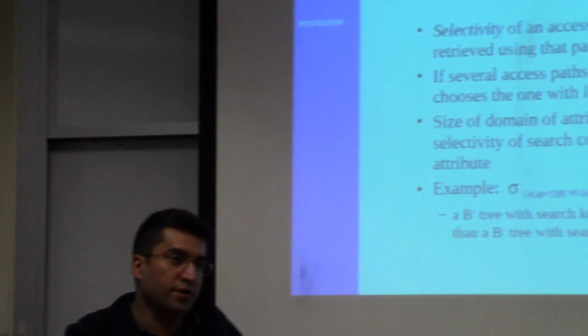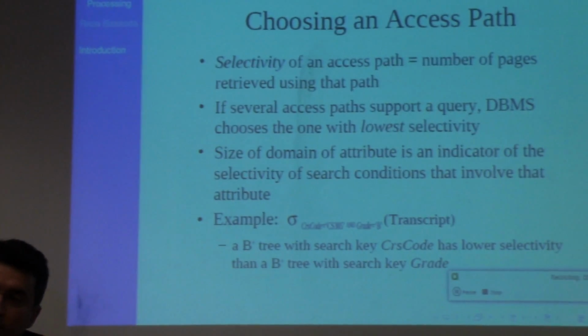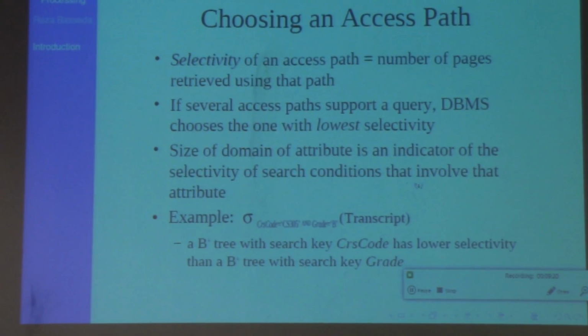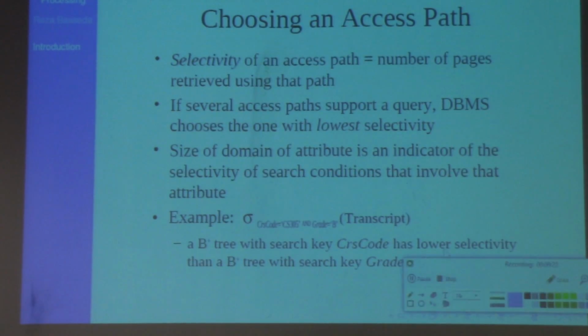In order to decrease the query response time, we need to decrease the number of pages we are transferring. So we define a concept called selectivity. What is selectivity? It's related to the number of pages we are transferring.